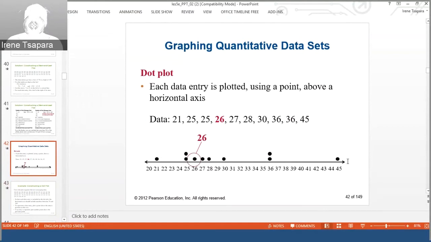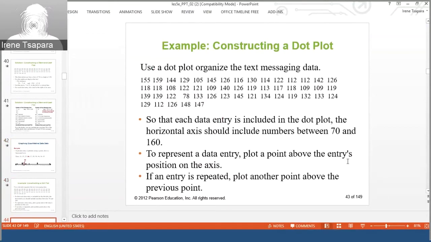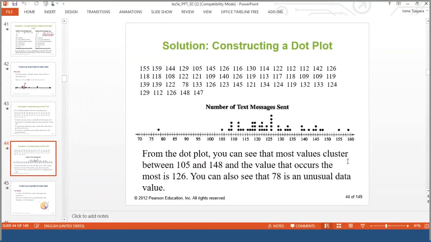And you find the frequency for each one of those values. And this is how you create that. If you want to name it, it's like a very, very detailed histogram.